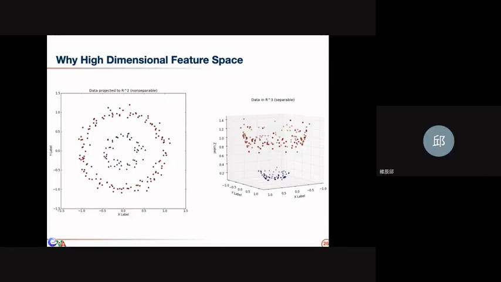It is impossible for me to have a straight line in this 2D space for separating these two groups. There's no way to do so.